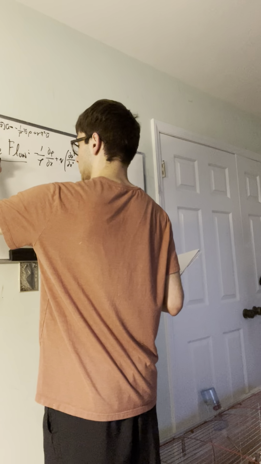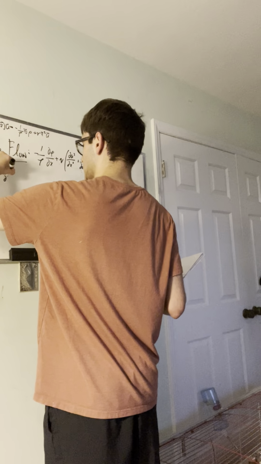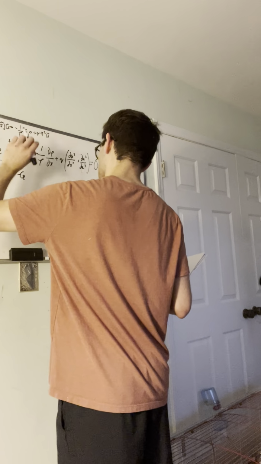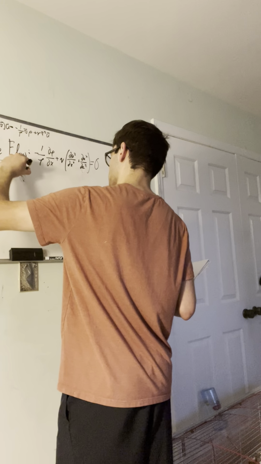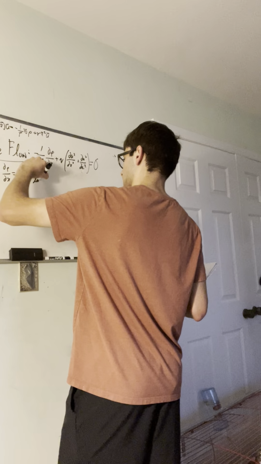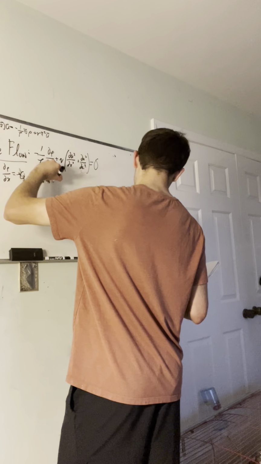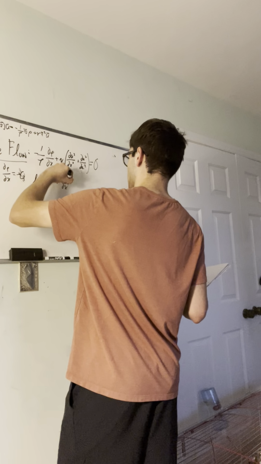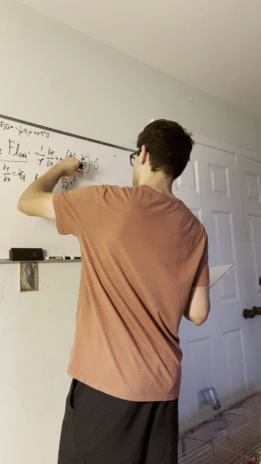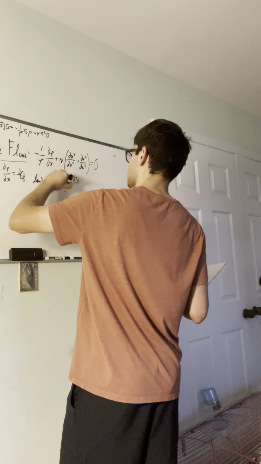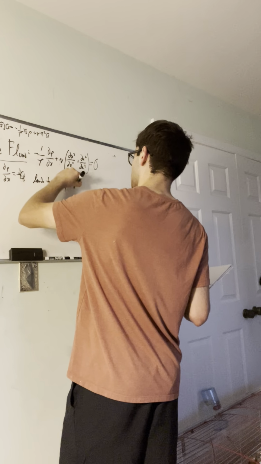Using dp over dx equals negative g, which is the gravitational pull, Newtonian constant, leads to d squared u over dy squared plus d squared u over dz squared.